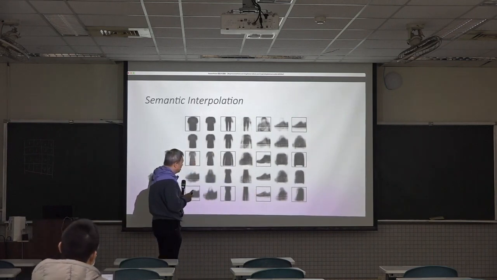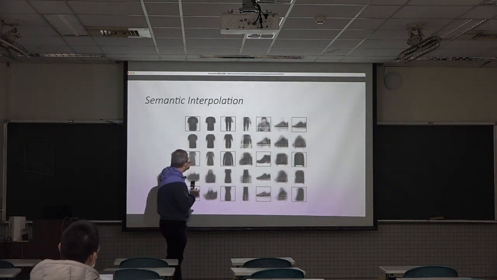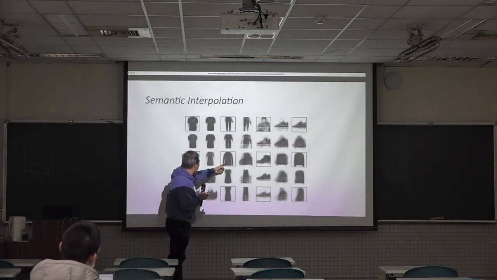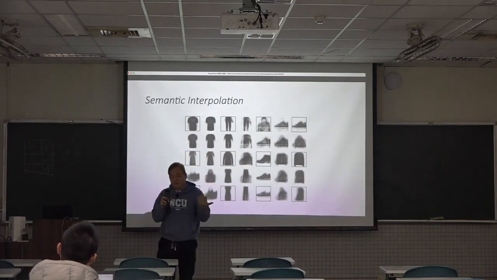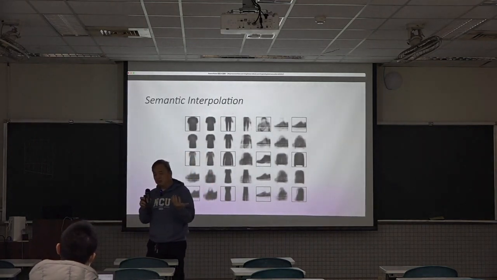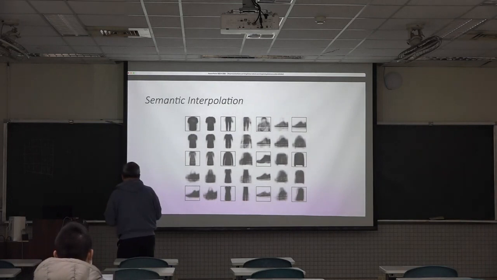For example, these two are clothes. This is a dress, this is clothes, and we still get clothes here. So you can somehow see that if two items are similar in a certain property, and you get a semantic interpolation between these two items, that item will still share the same property.